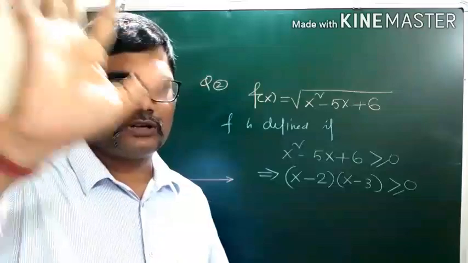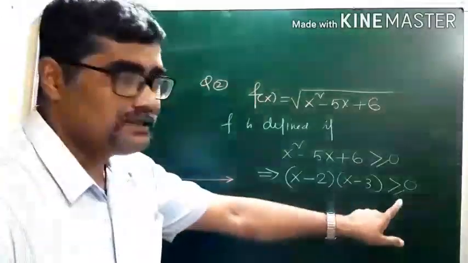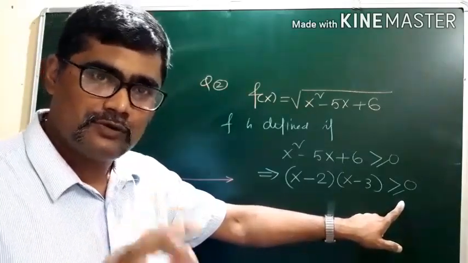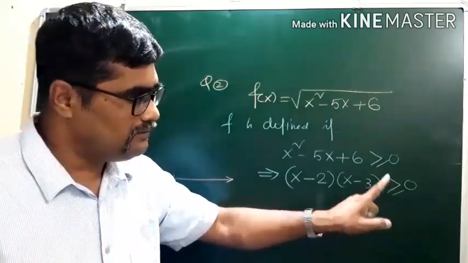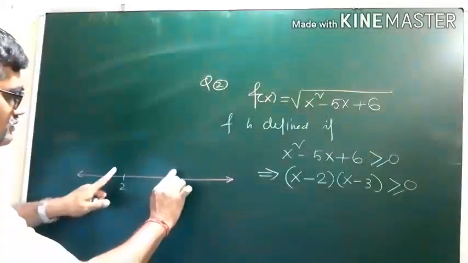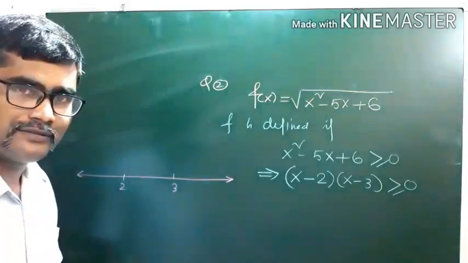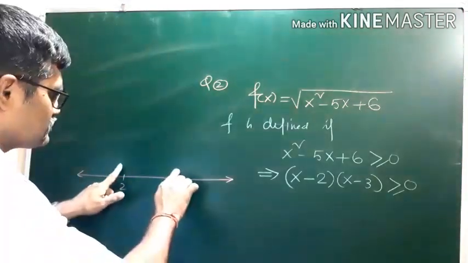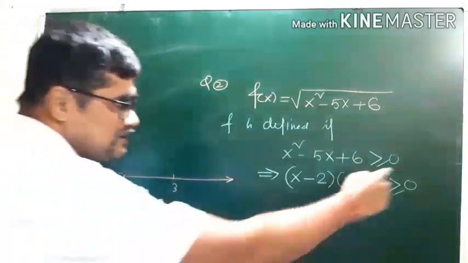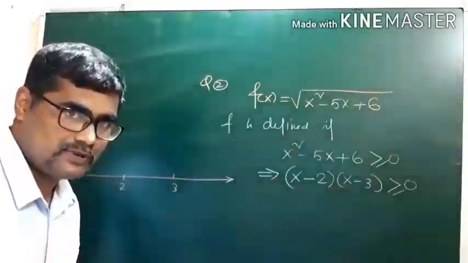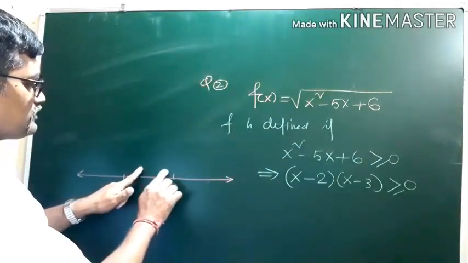Now the master shortcut. If you have a greater than or equal sign, forget the equality for the moment, I'll tell you that later. If it is a greater than sign, the outer side is your domain. This is your coverage area if it is greater than, and if it is less than, then the area between 2 and 3.